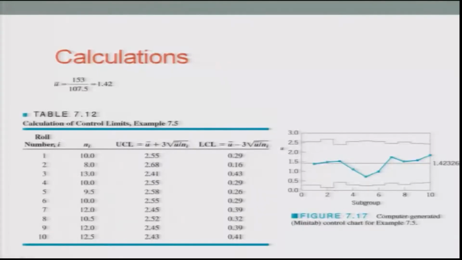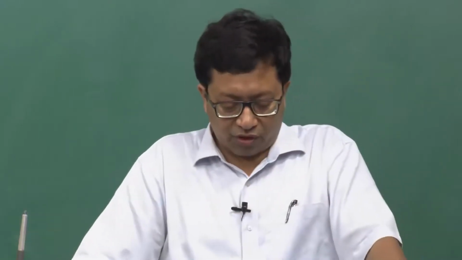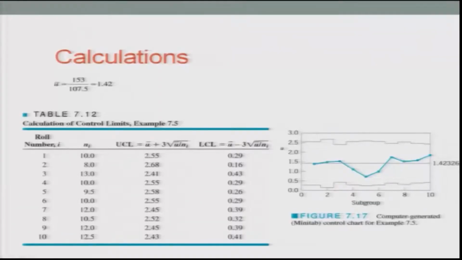Based on that we do the calculations and find out U bar as 1.42. In the other case, for calculating the control limits, the n_i are given. These are the sample sizes, which change from observation to observation.